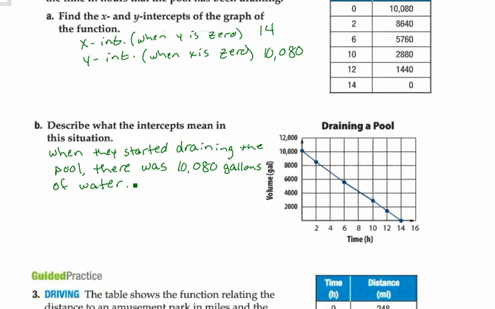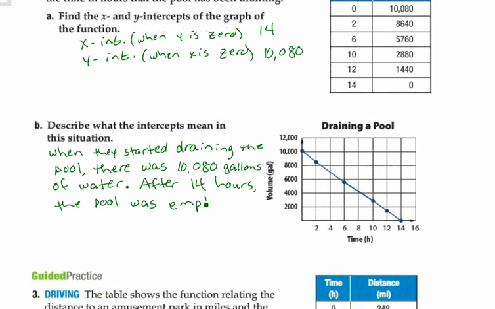That explains the y-intercept. After 14 hours, the pool was empty.